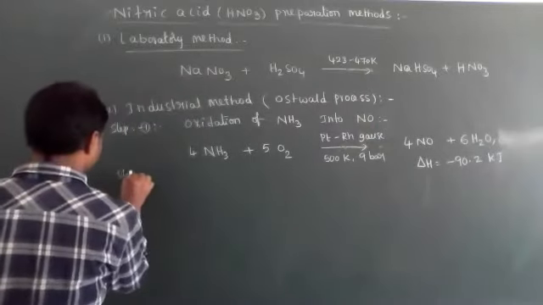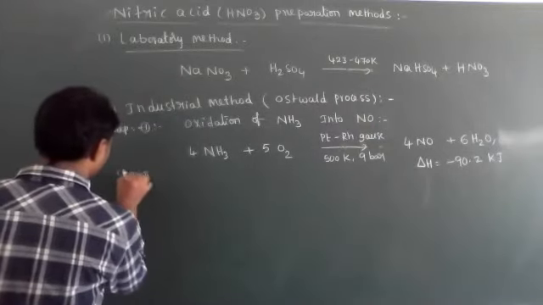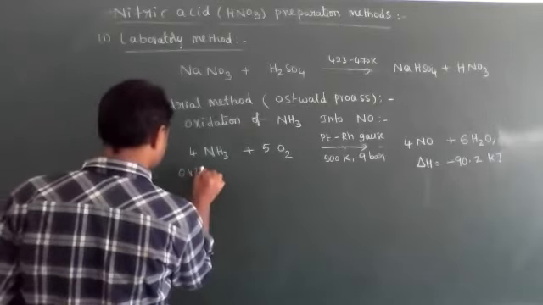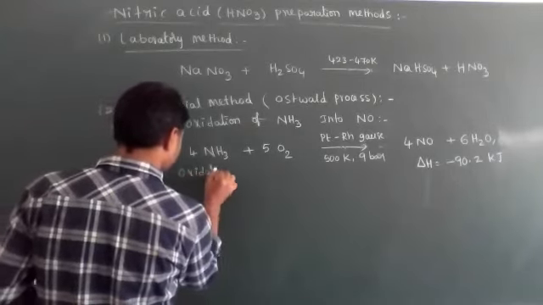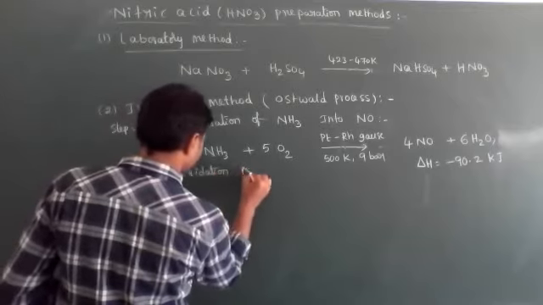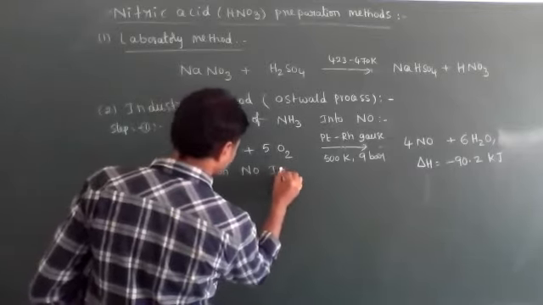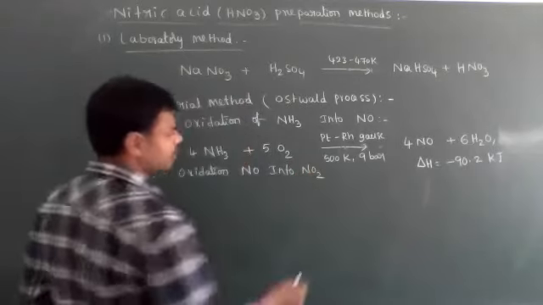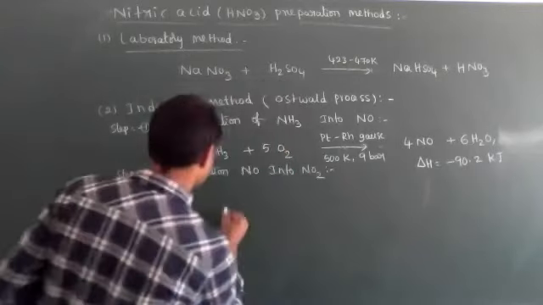The step 2. In step 2, what are we doing now? The oxidation of NO into NO2. Nitric oxide is converted into nitrogen dioxide.